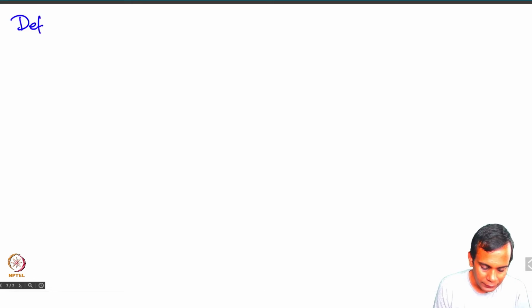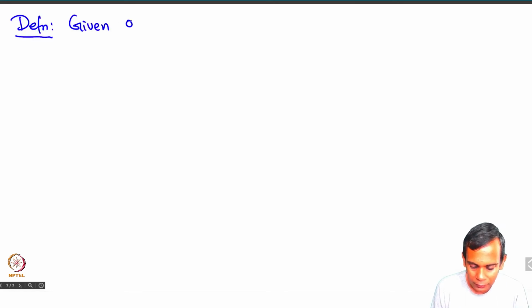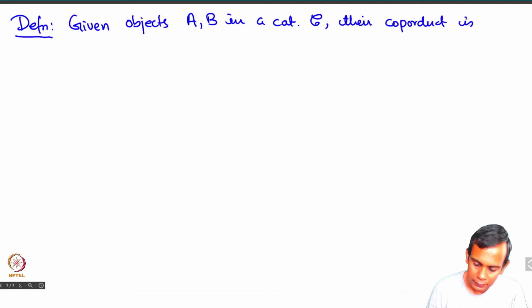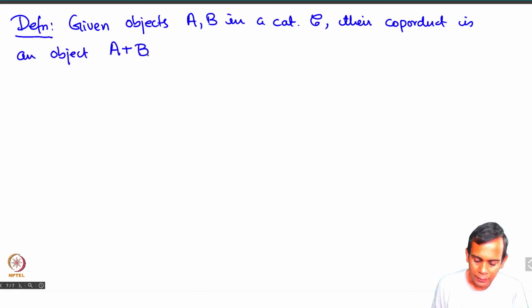So let's define it. A coproduct is defined as follows: given two objects A and B in a category C, their coproduct is an object, we'll write A plus B, together with arrows.